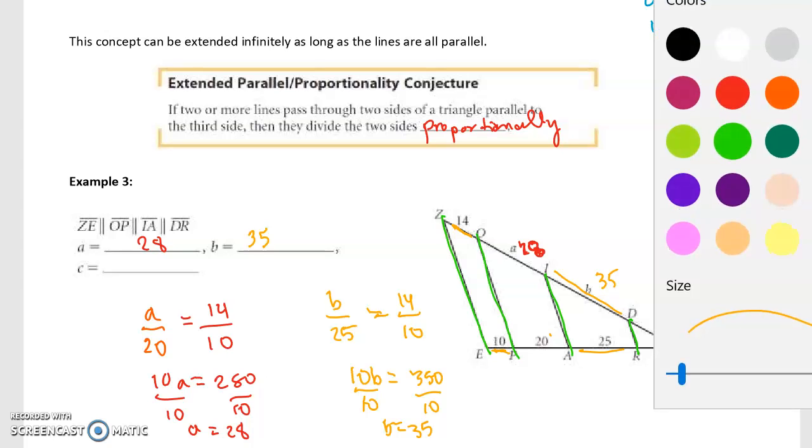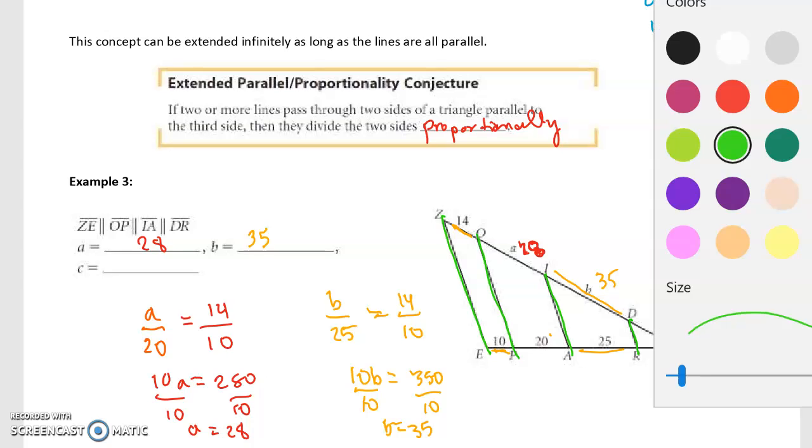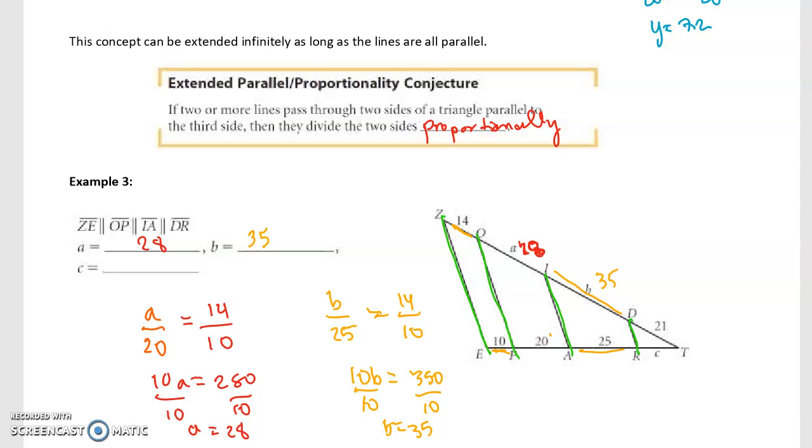And then for C, we have 21 over C. And again, we can pick any of those other ratios. I'm just going to go back to 14 and 10. It's a really easy one to work with. So C is on the opposite side.